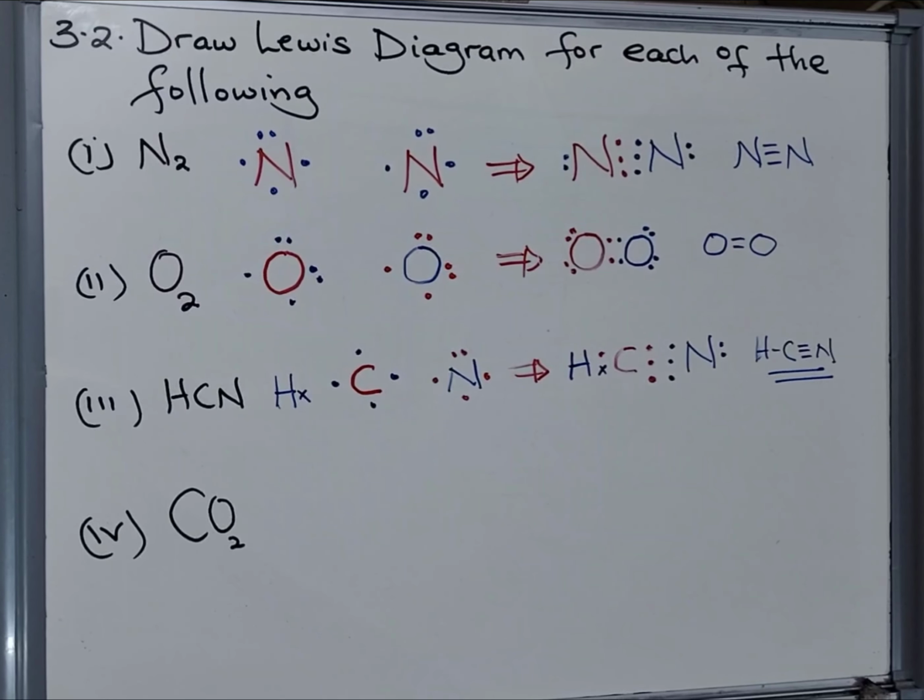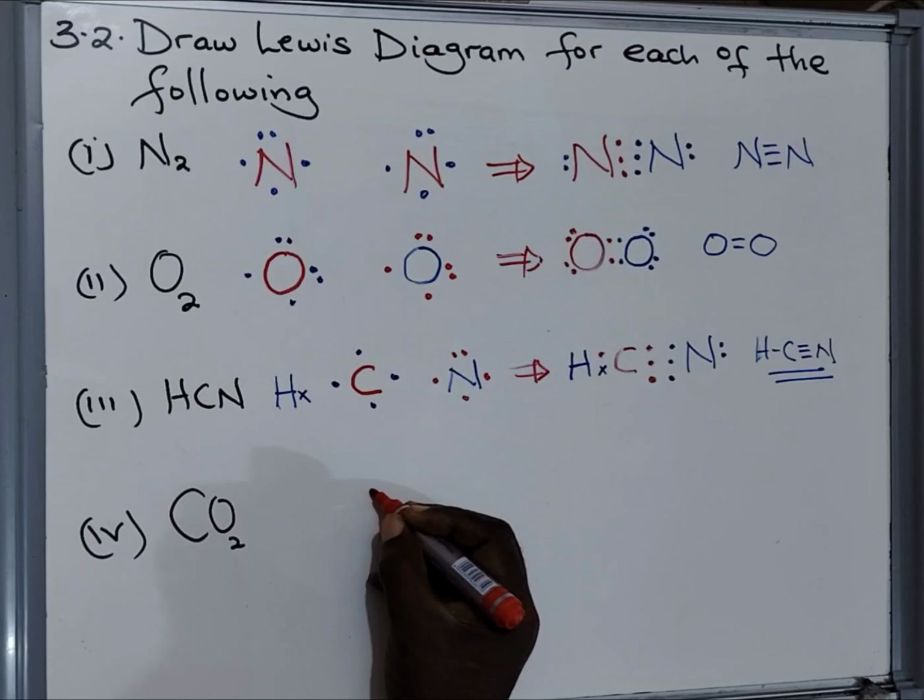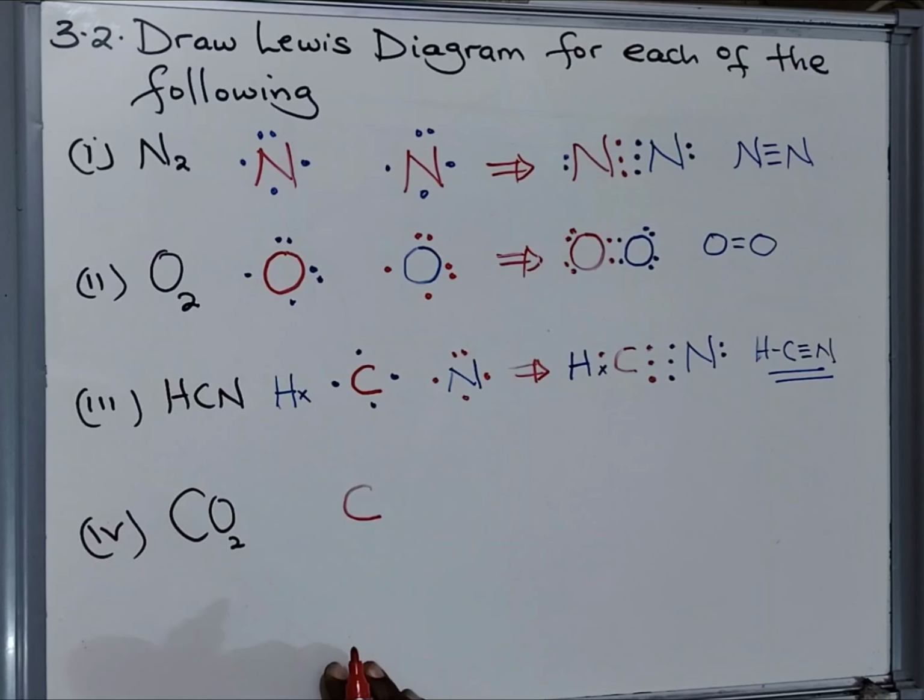Then comes this one, carbon dioxide. How do we go about this? It is clear here that the central atom is going to be carbon. So we have it. Then the question comes, what is the valence electrons for carbon?